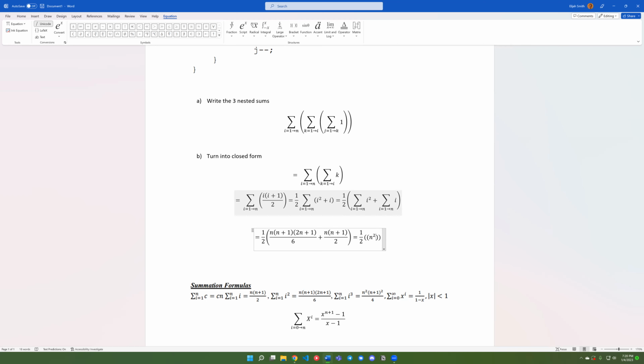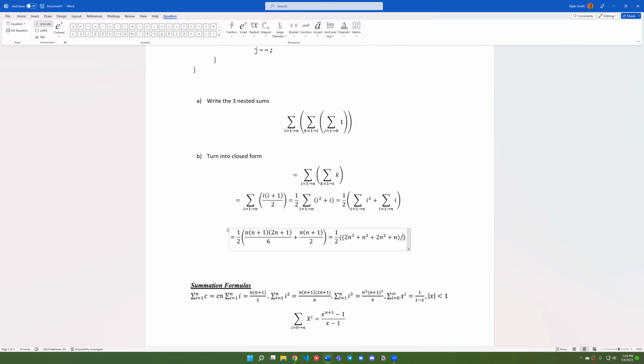n squared. We're just going to do it all together. So multiplying the left side, if we factor all of that, we're going to get 2n cubed plus n squared plus 2n squared plus n.